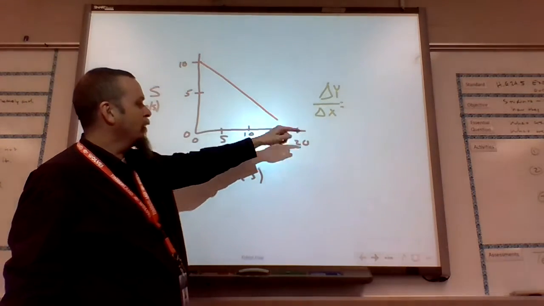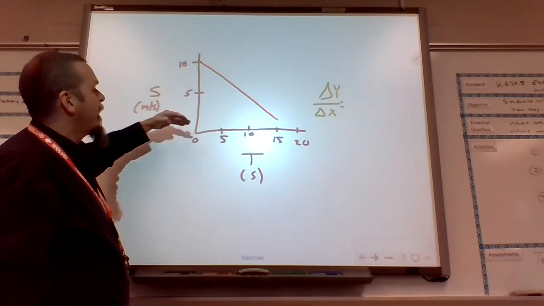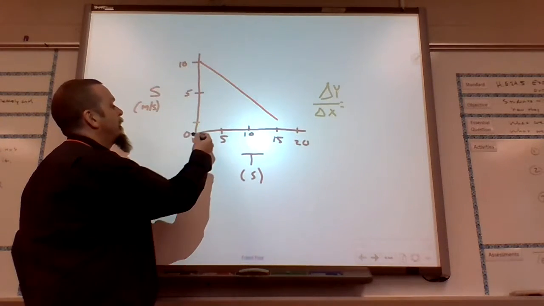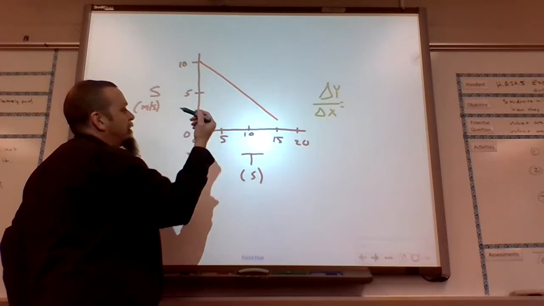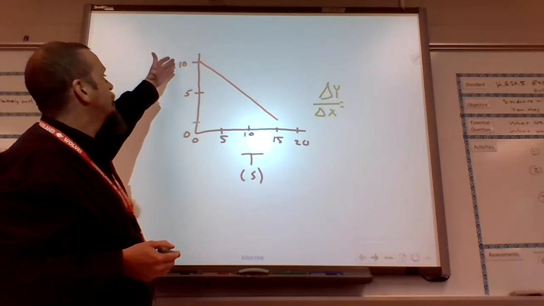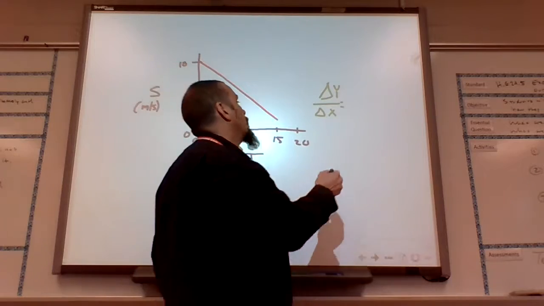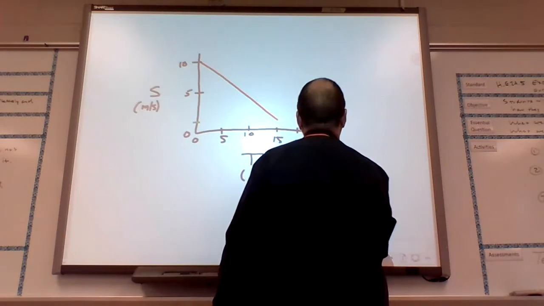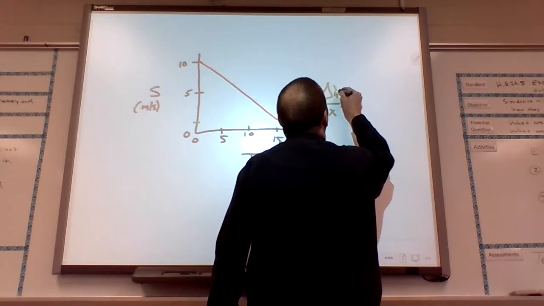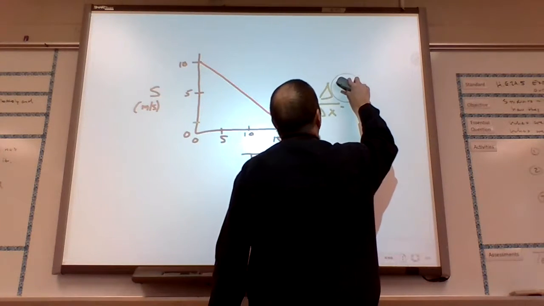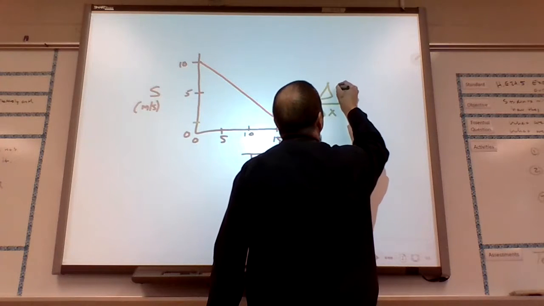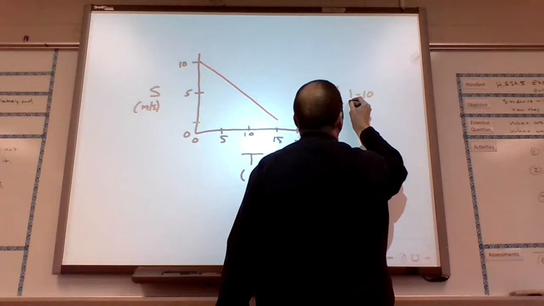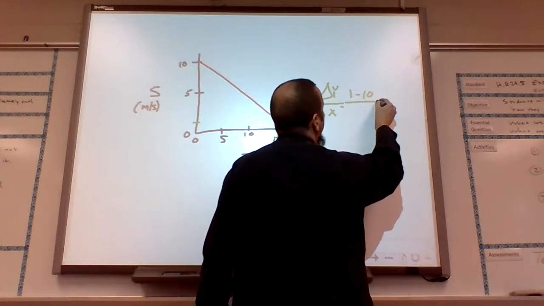This line does not go all the way to the y-axis. It ends about right here. So I'm going to interpret that as 1, 2, 3, 4. It's about 1. So my change in y is going to be 10 minus 1, or the other way around, 1 minus 10, almost messed that up. It's f minus i. So 1 minus 10. And that's meters per second.